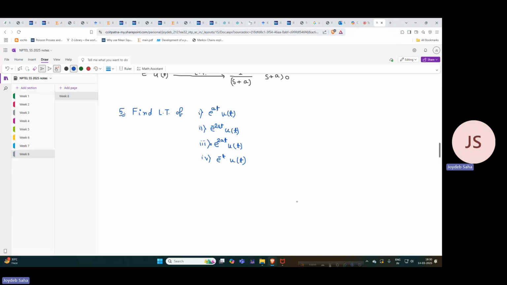Take 1-2 minutes more and at least try to solve. Take 1 more minute.